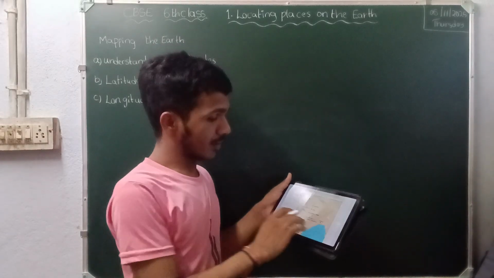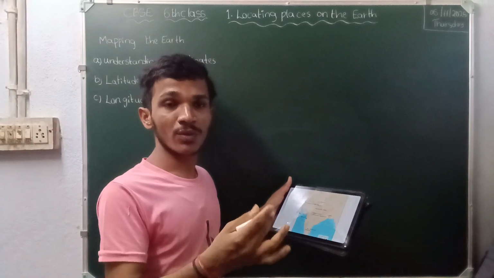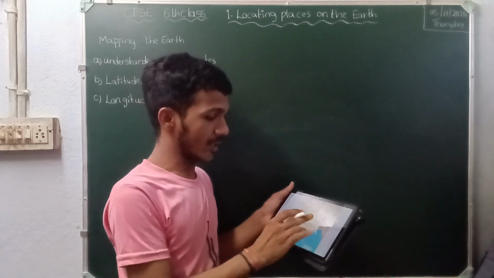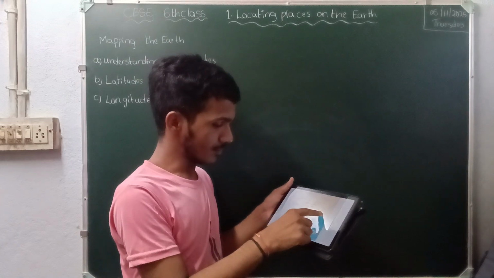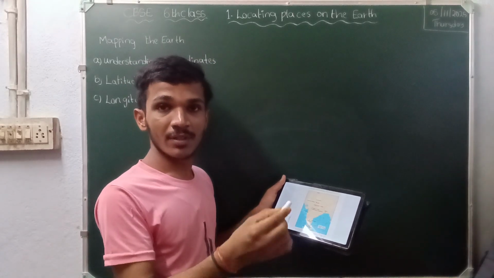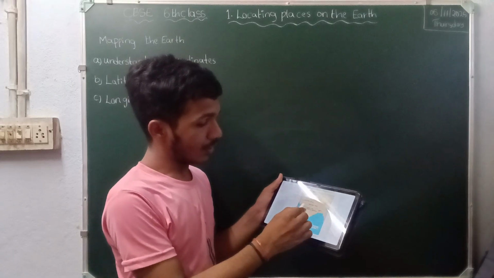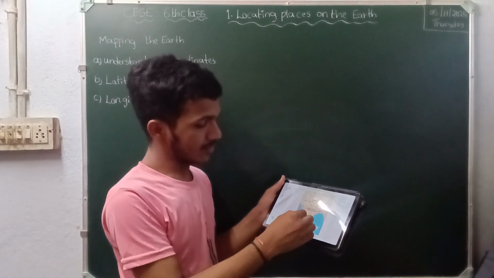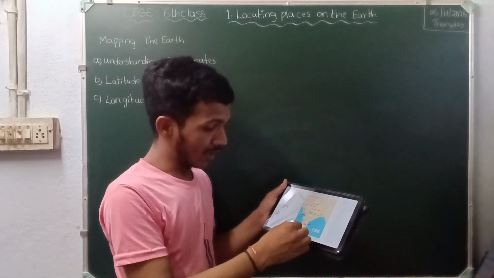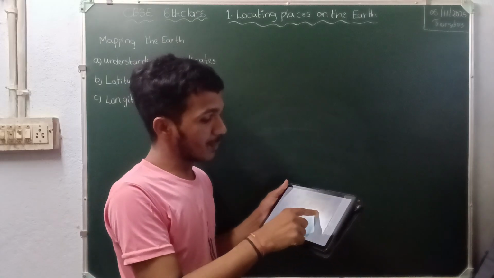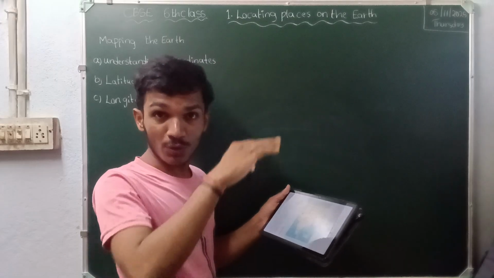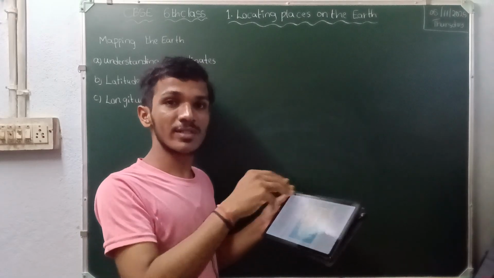Here, the location is exactly at Ujjaini. They drew the map and the longitudinal length. Before the European concept, our Indians introduced this concept. The Indians already knew this concept.